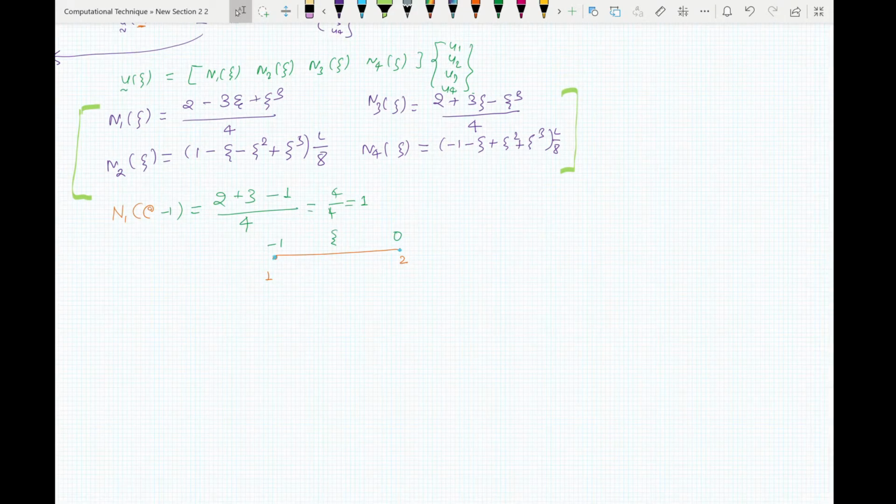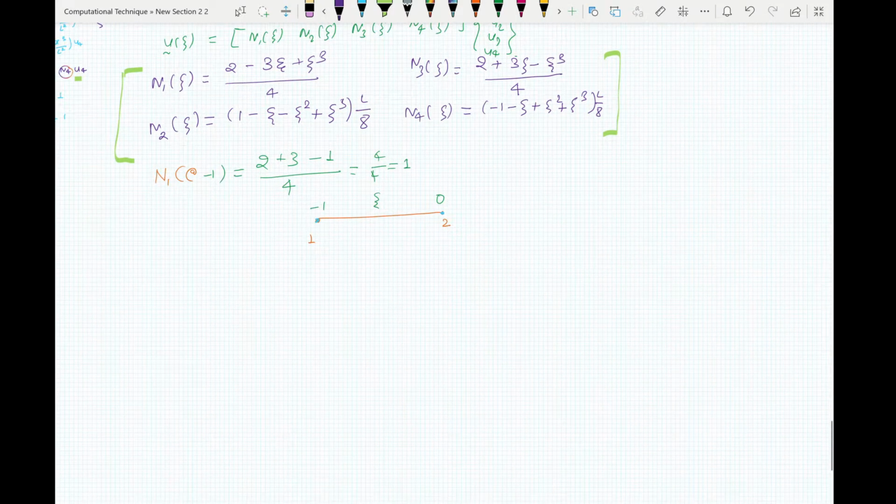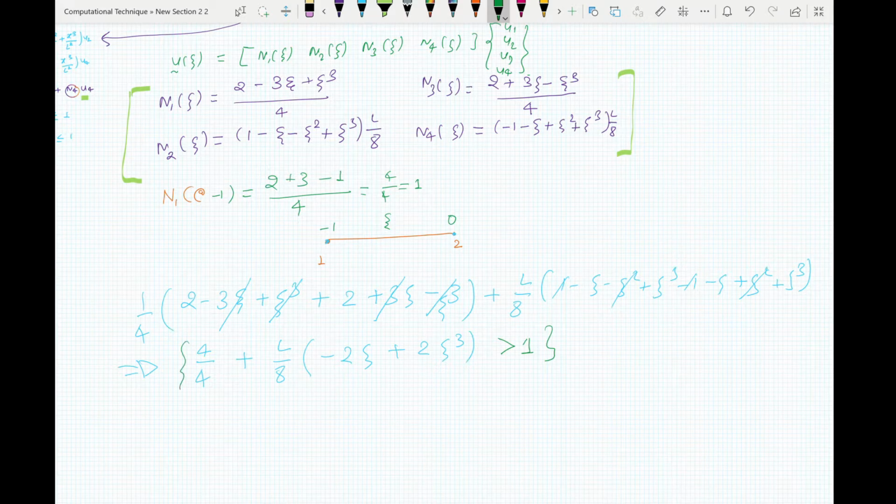Now here you can see that these values, when you add them up, may not be equal to 1. Let's try adding them up. They don't add up to 1 because we are looking into different degrees of freedom in different directions. Now this one is rotation, this is vertical displacement.